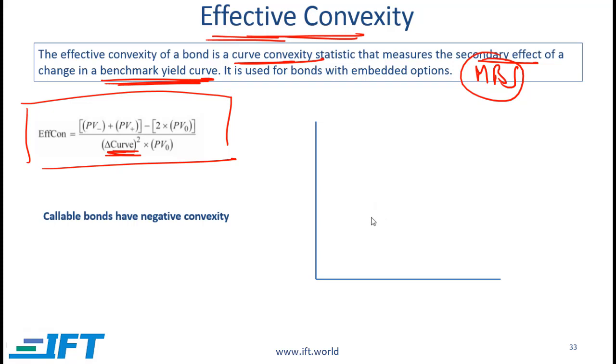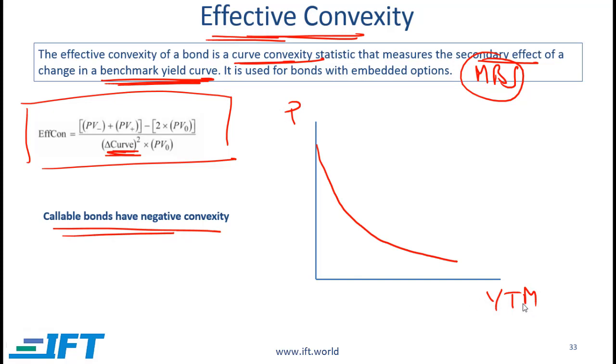I also want to point out that callable bonds have negative convexity. If this is your regular straight bond, it is convex. Here we have price on the y-axis and yield to maturity on the x-axis, or you can just generally refer to this as interest rates. What happens for a callable bond?